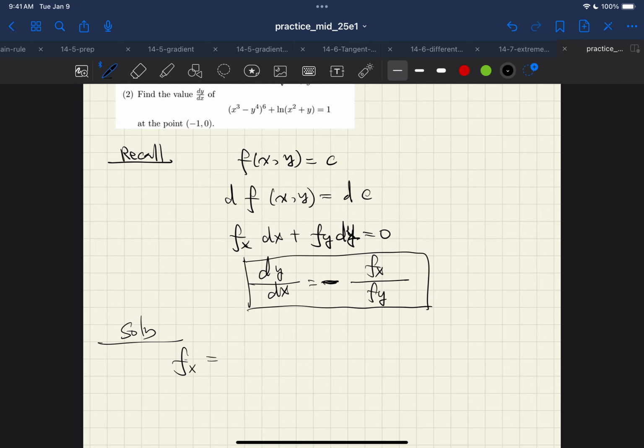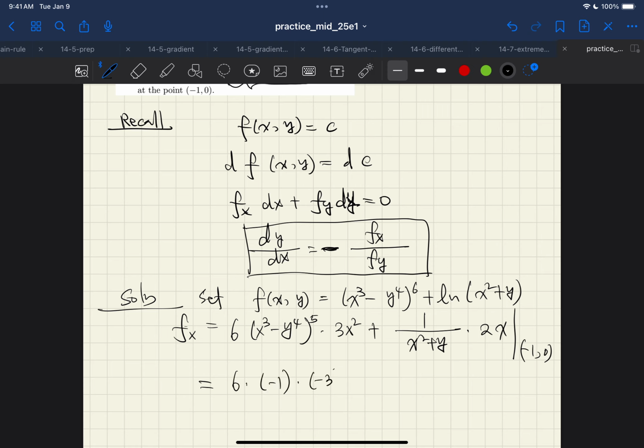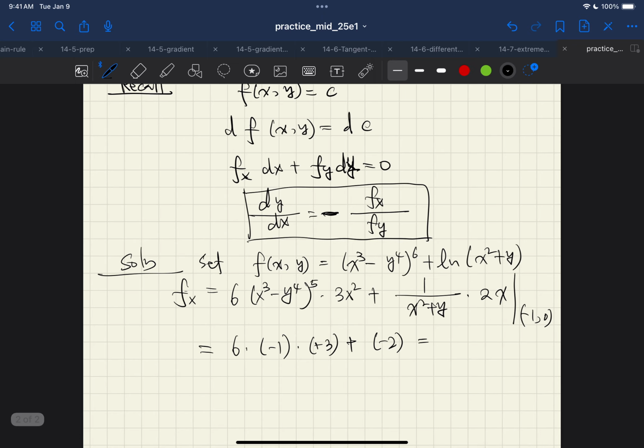Obviously our choice for f(x,y) is the left hand side, so we just copy that and take the partial derivative. 6 times the inner term to the 5th power, and the x derivative is 3x squared plus, chain rule again, 1 over x squared plus 1 times 2x. Putting in actual numbers, this is 6 times -1 times 3, positive 3 because of x squared, plus 1 times -2, and that gives me -20.